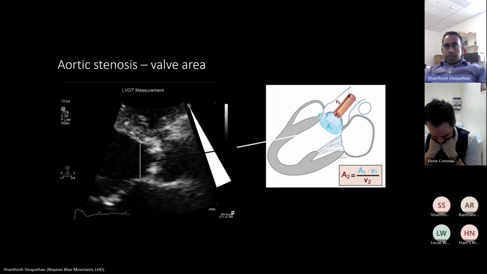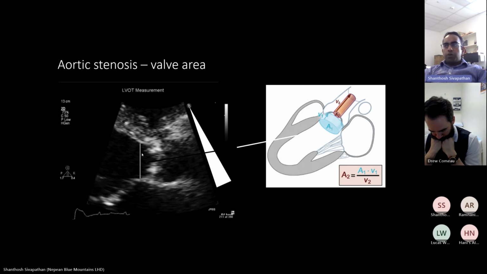So looking at this is your parasternal long axis view. You measure the LVOT within about half a centimeter from the cusp insertion points. And that's probably the ballpark figure. I mean, there have been studies out there in terms of whether you actually measure at the cusp or just half a centimeter within, and generally the rule of thumb is within half a centimeter is what's appropriate at the moment.